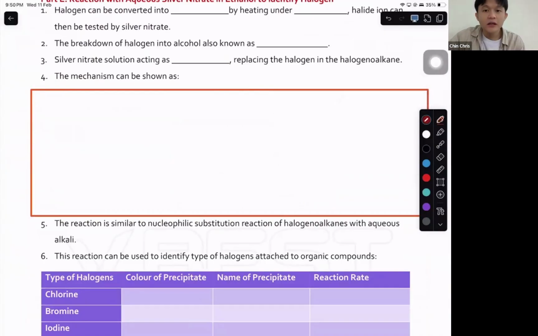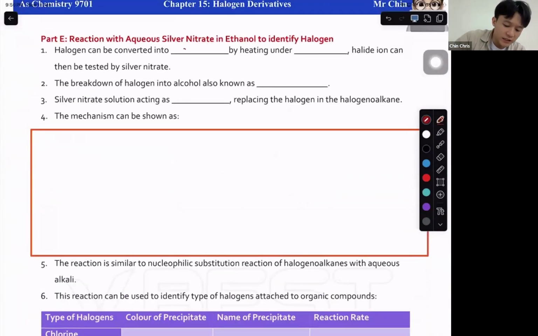Okay, let's continue. Okay, guys, a halogenoalkane can be converted into an alcohol by heating under reflux. It turns into an alcohol.